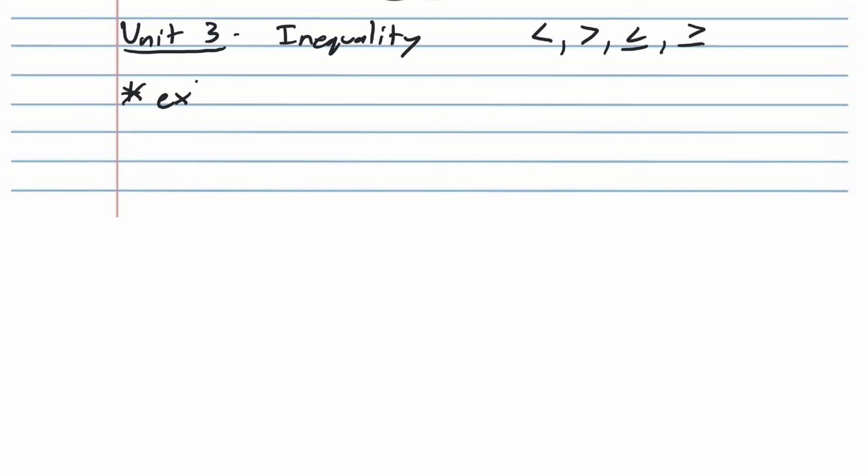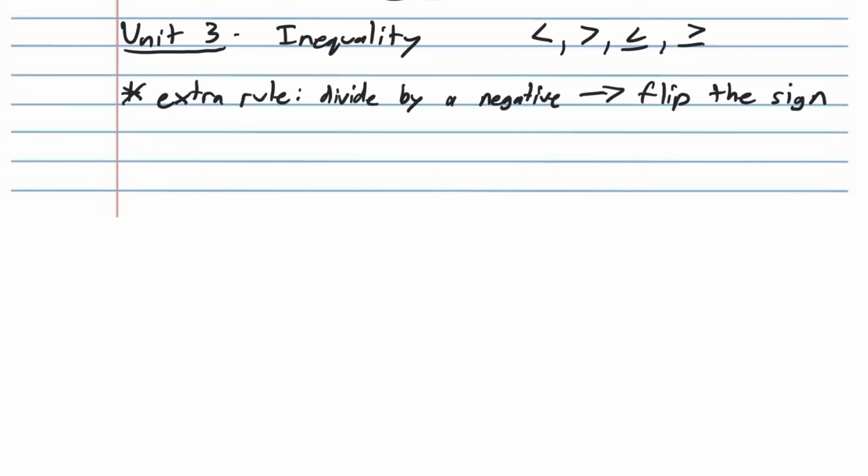The extra rule is if you divide by a negative number or multiply by a negative number on both sides, you have to flip your sign. Other than that, it's the exact same thing as an equation.